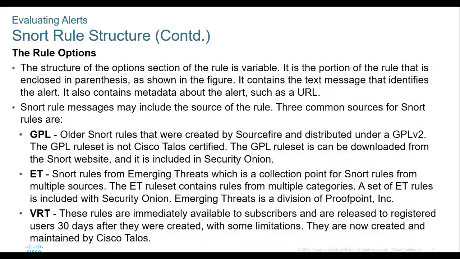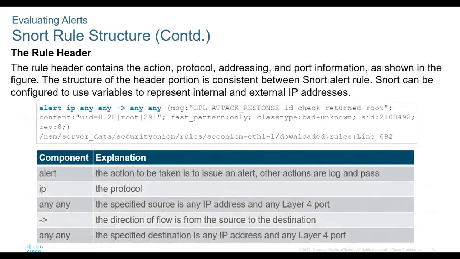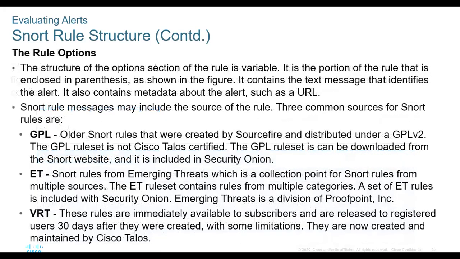It is the portion of the rule that is enclosed in parentheses, as you can see from the message, as shown in the figure. It contains a text message that identifies the alert. It also contains metadata about the alert, such as the URL, the Uniform Resource Locator.